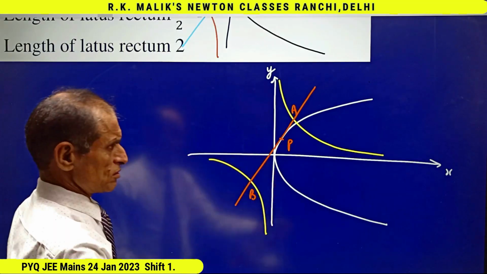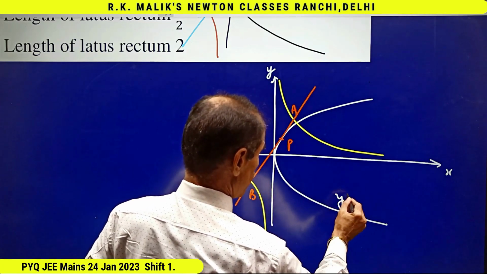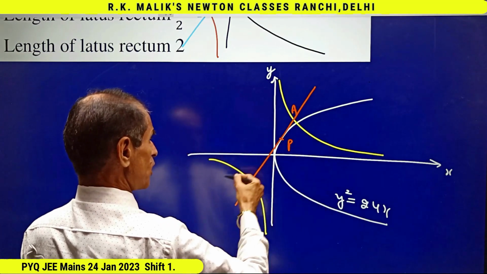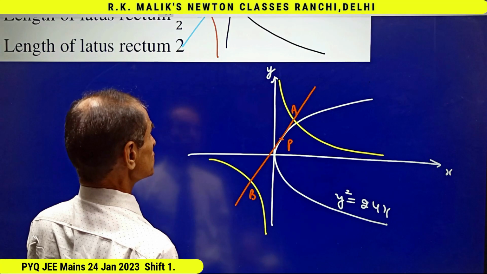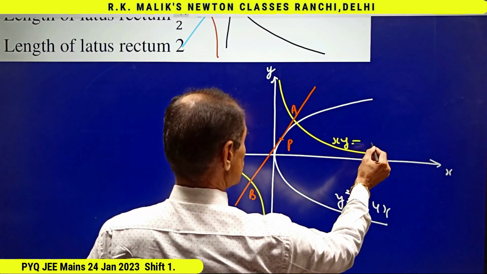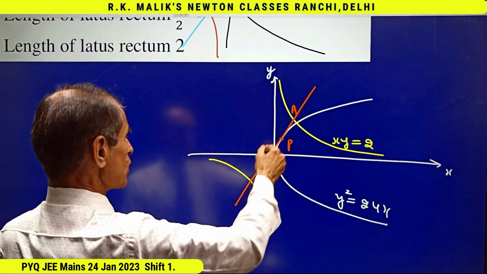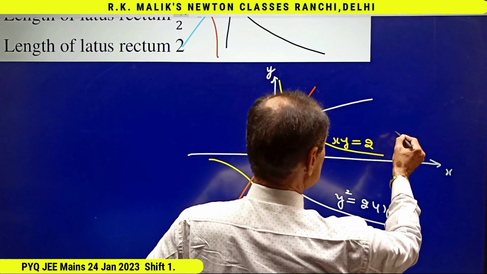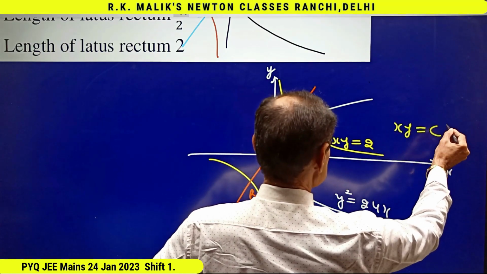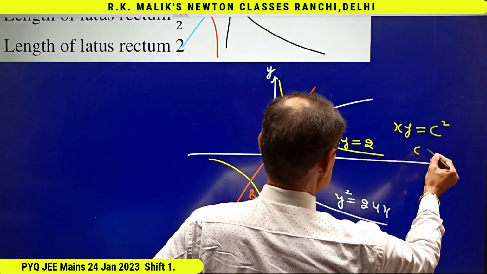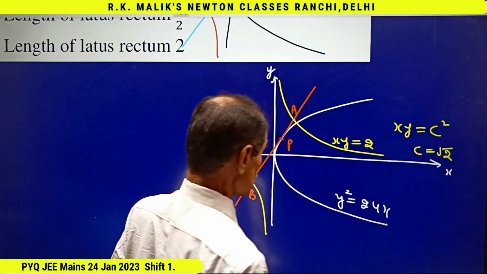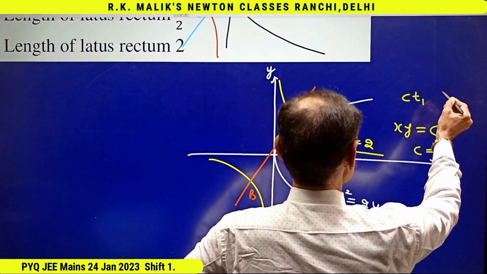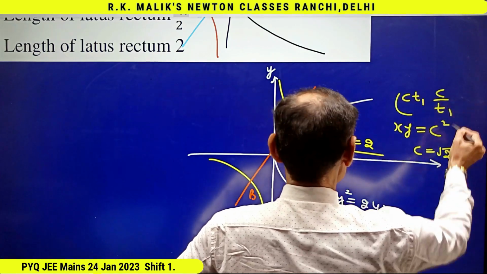Drawing the figure again, this is the parabola whose equation is y square equal to 24x, and these two are the branches of the hyperbola whose equation is xy equal to 2, and you have to find the locus of the midpoint of AB. Comparing it with the standard formula of hyperbola xy equal to c square, we get c equal to root 2, and we know that any point on this hyperbola can be taken as ct1 comma c by t1.